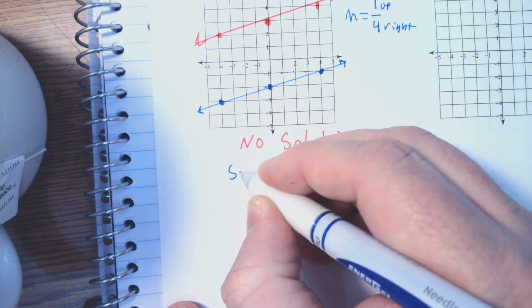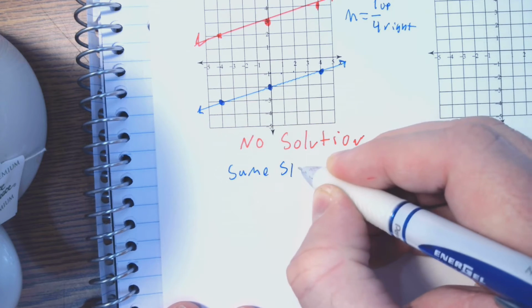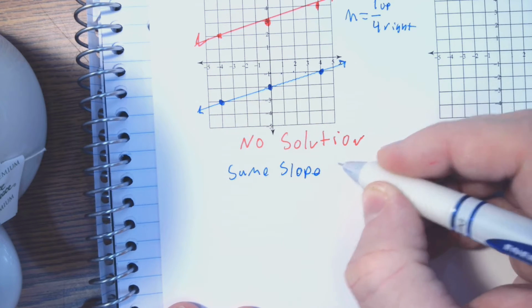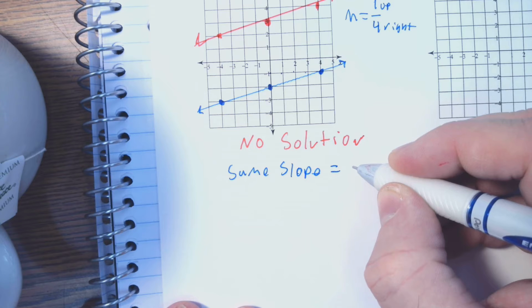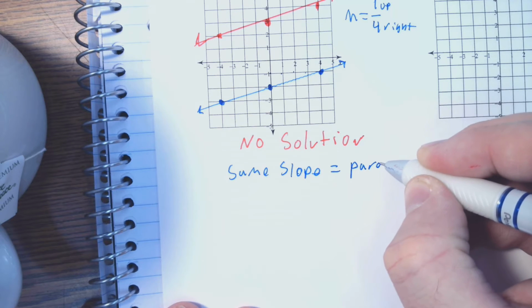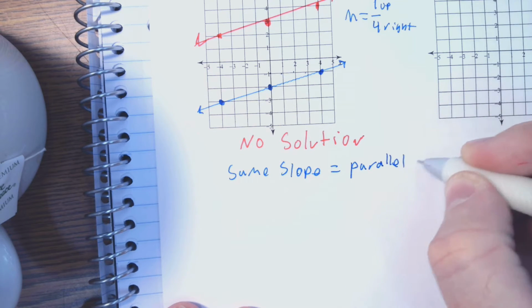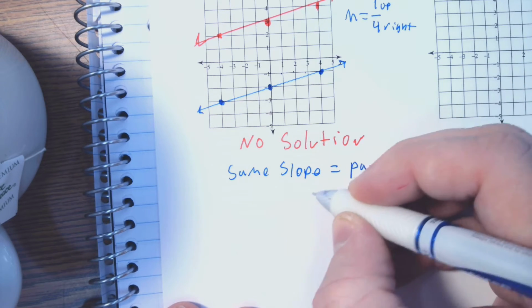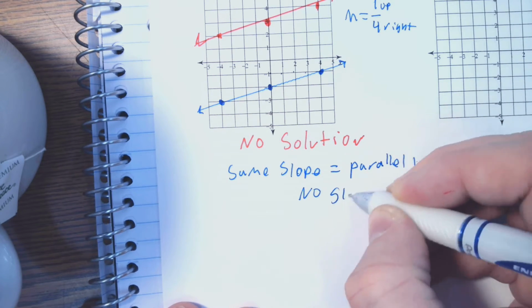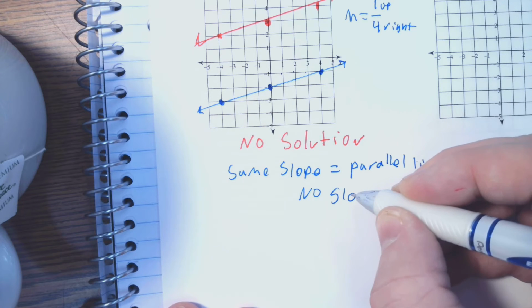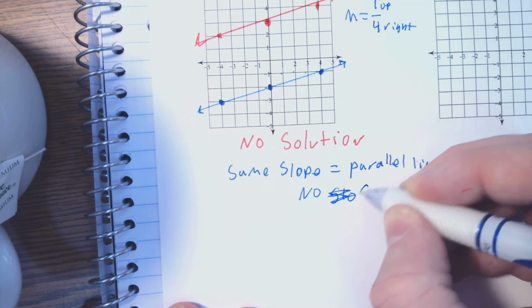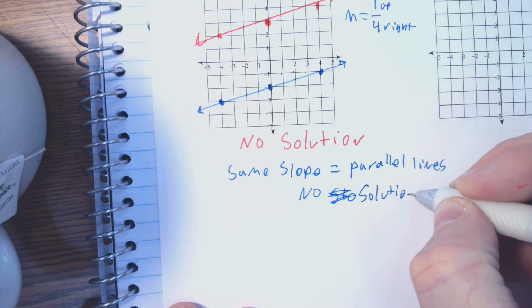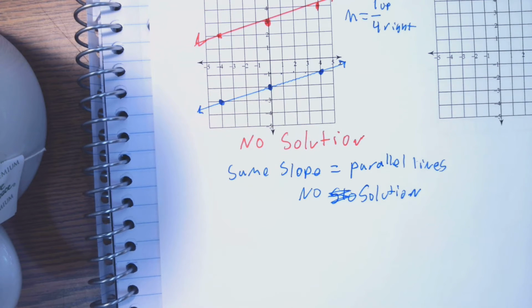Remember, same slope equals parallel lines, which is going to be no solution. Okay. Let's go ahead and move on to the next one.